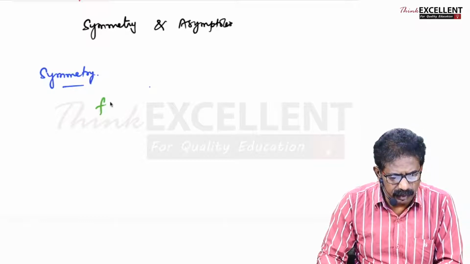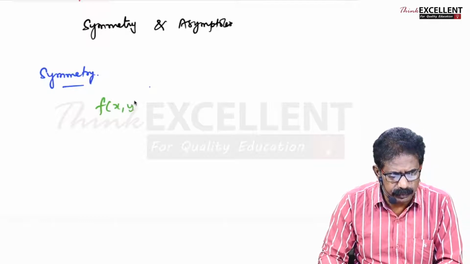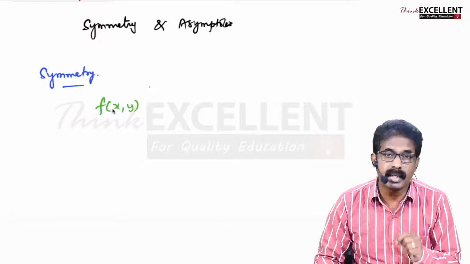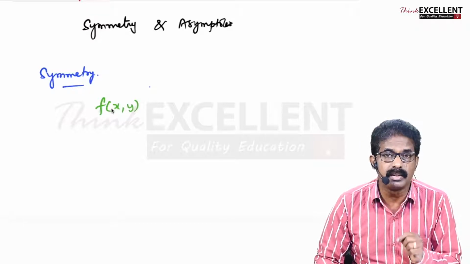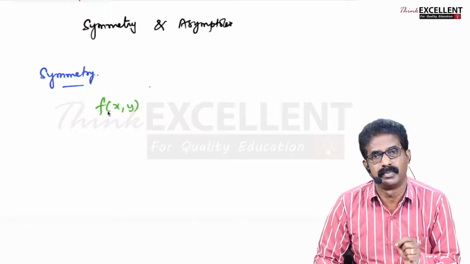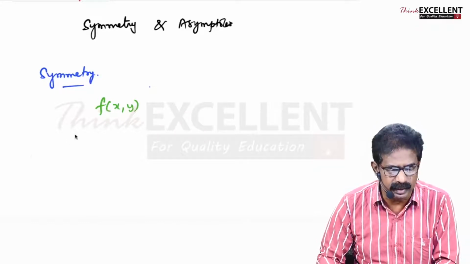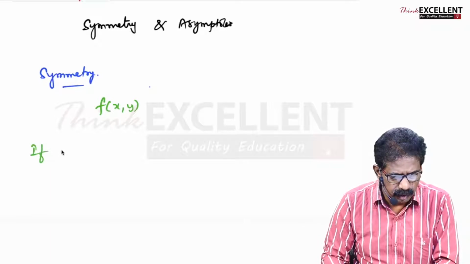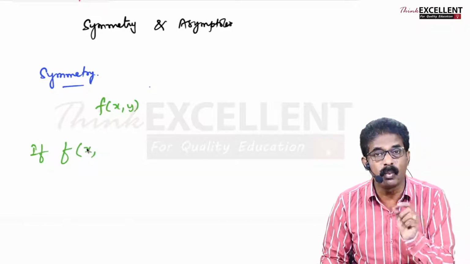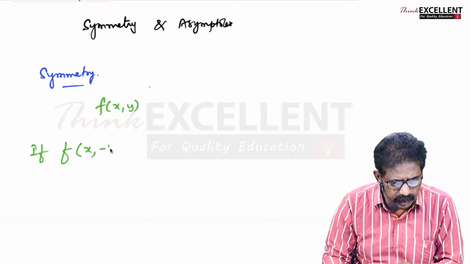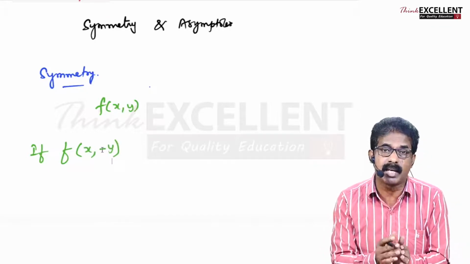Suppose the given curve is a function of x and y. To check whether the curve is symmetric about the x-axis, you change the sign of y. That is, f of x comma minus y: no change in x, wherever y comes you put minus y.